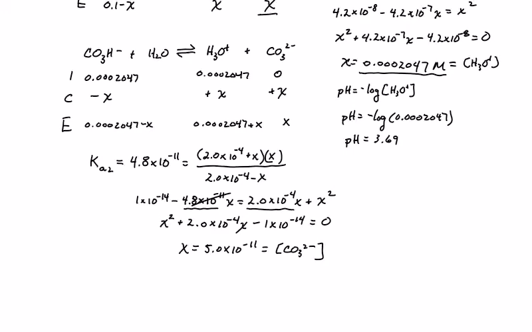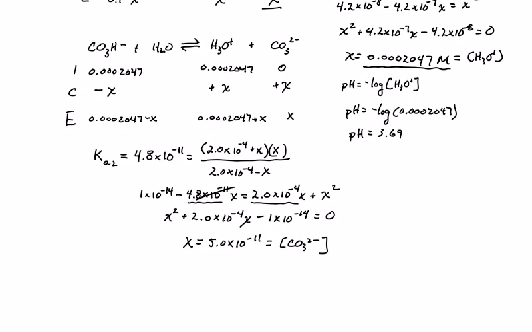Okay, now what's interesting here is if this is our concentration of carbonate, and we see this number, it's going to be 5 times 10 to the negative 11th, and compare that to these starting concentrations, we see that it's such a tiny number. If we wanted to, we could go through and try to do the calculation, but it's pointless.